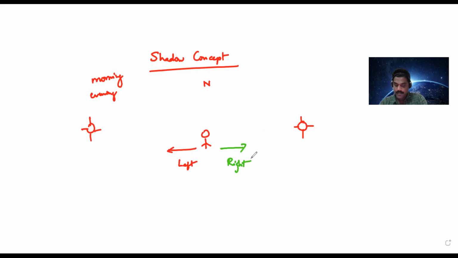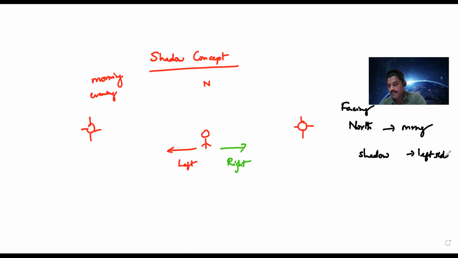Very simple. So if a person is facing north in the morning, his shadow will fall to his left side. Whereas if the same person is facing north in the evening, his shadow will fall towards his right side.